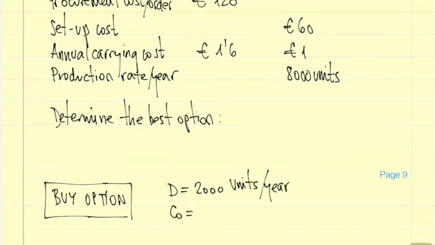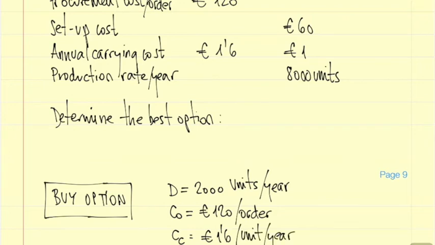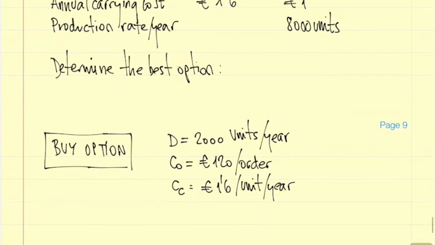CO is €120 per order purchase, and CC is €1.6 per unit per year. So we have seen that Q star equals the square root of 2 times CO times D divided by CC.